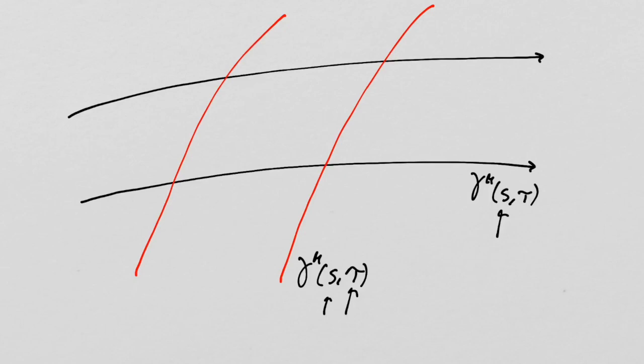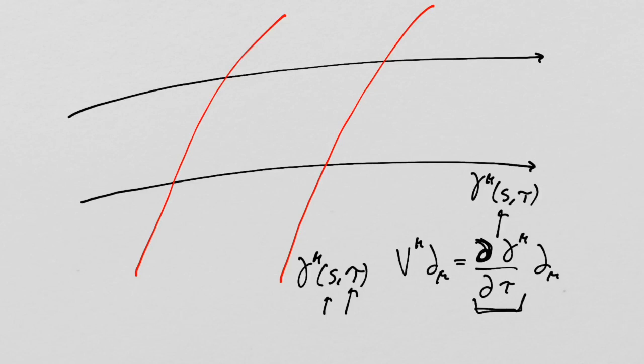The first one will be v^mu partial_mu, right? So this is the vector component and this is the basis vector in the coordinate basis. And that is going to be the partial of gamma^mu with respect to tau, with the unit operator there.